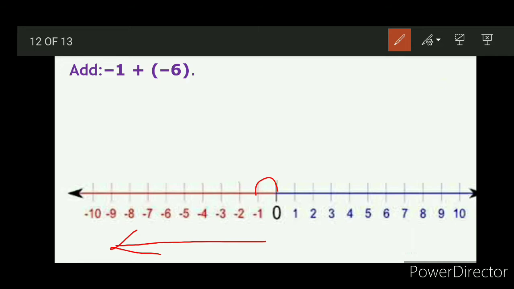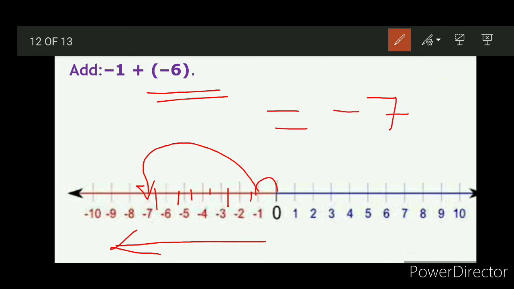From there we are going to add -6, which is also on the left-hand side. So from -1 we count 6 units: 1, 2, 3, 4, 5, 6. It ends at -7. Therefore, our answer is -7. The sum of -1 plus -6 is -7.